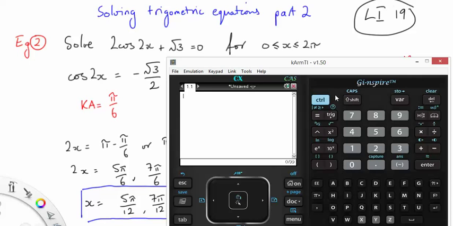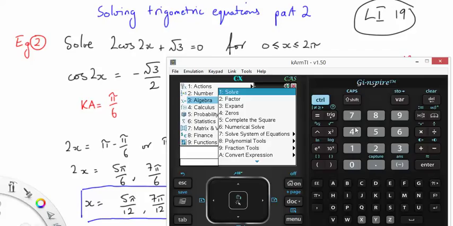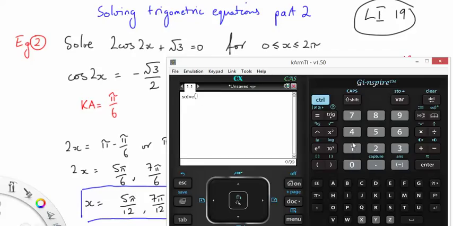First, as I promised before, let's find the general solution to this. I'll do it with solve, and I'll show you the difference between what the solve function does and what the zeros function does. So let's solve 2 times cos of 2 times x. You should hopefully be twice as quick as I am with the calculator right now, because you're going to have an exam. The quicker you are with the calculator, the better.